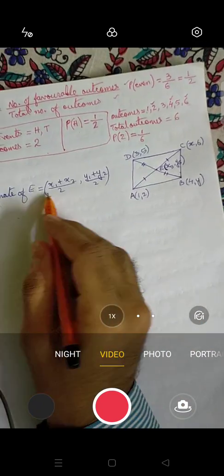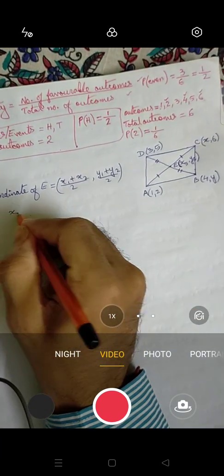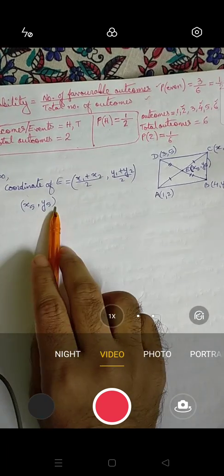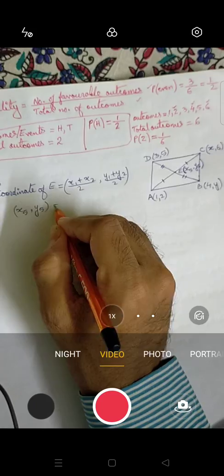So you can see coordinate of E is (x5, y5). So we have written (x5, y5), and always try to put brackets. If you don't put brackets, then it has a different meaning, so be careful. Now in this we are taking AC.